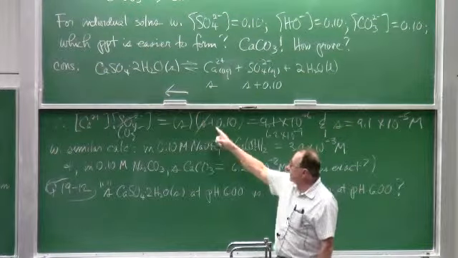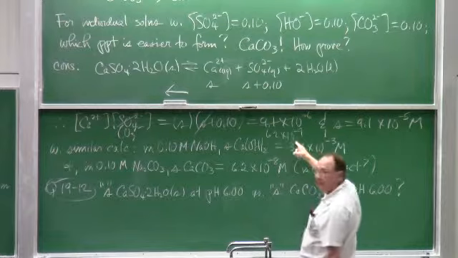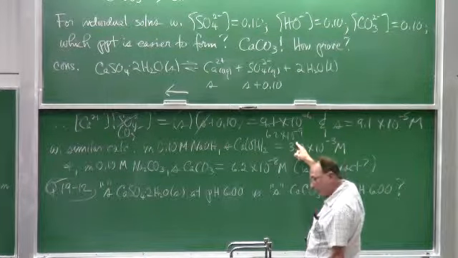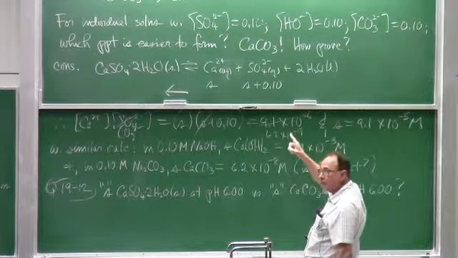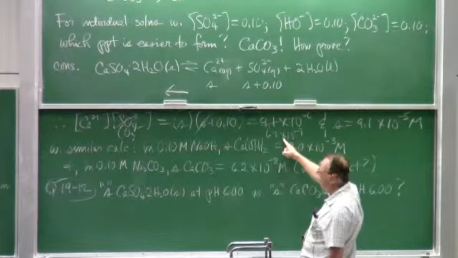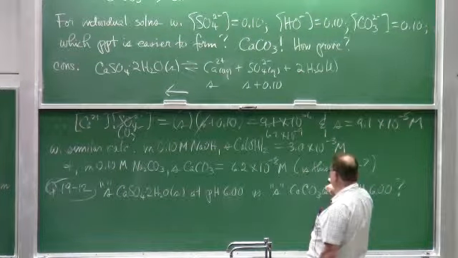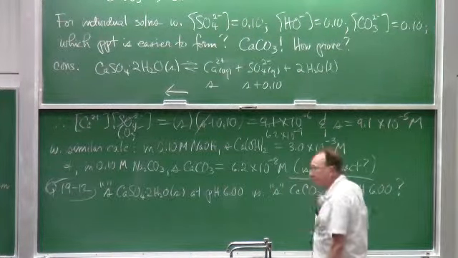So if I know that S is a lot smaller than 0.10, which it surely is, then the solubility of calcium carbonate in 0.10 molar sodium carbonate solution is going to be the KSP value divided by 0.10. And that's 6.2 times 10 to the minus 8. Now, I wrote over here, is this exact?